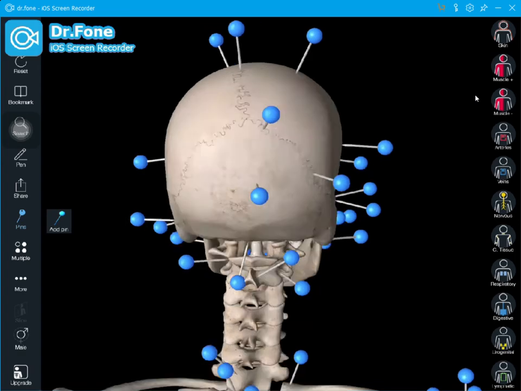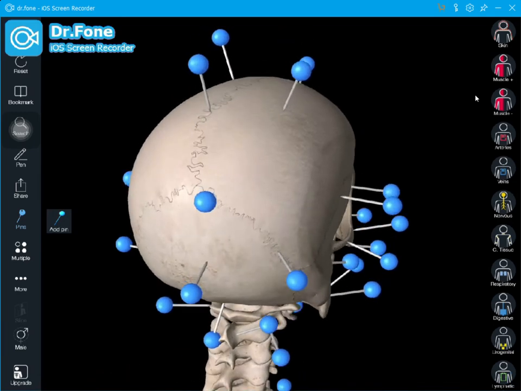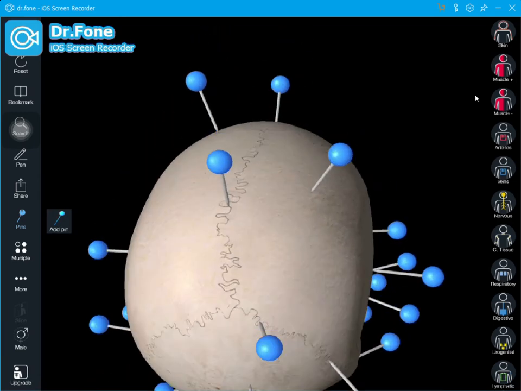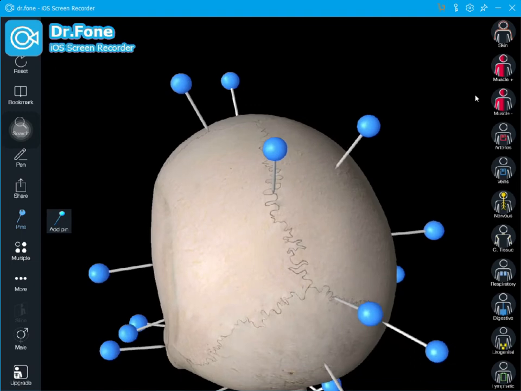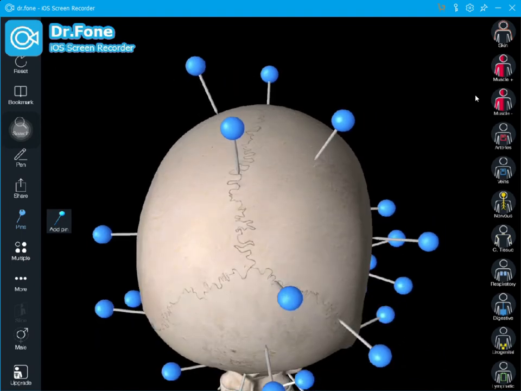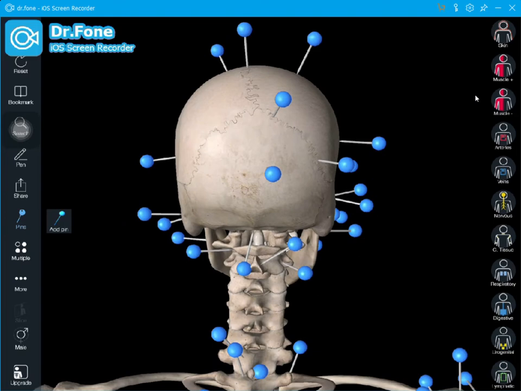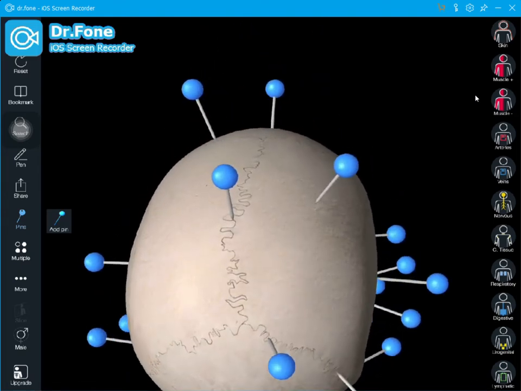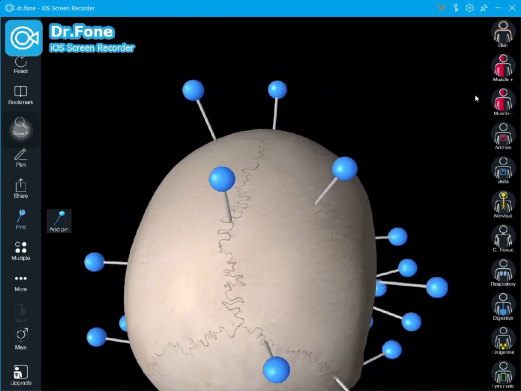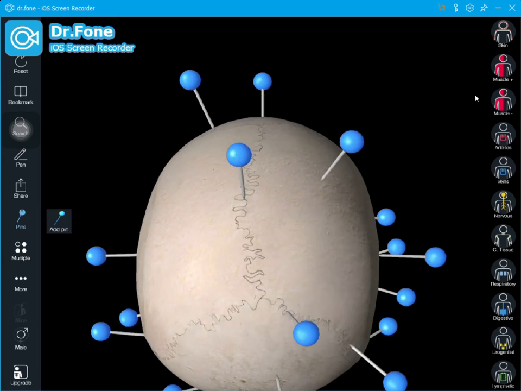Okay, now we're looking at this view of the skull, which would be considered a posterior view. And this is a superior view of the skull. This suture in the middle would be the sagittal suture.